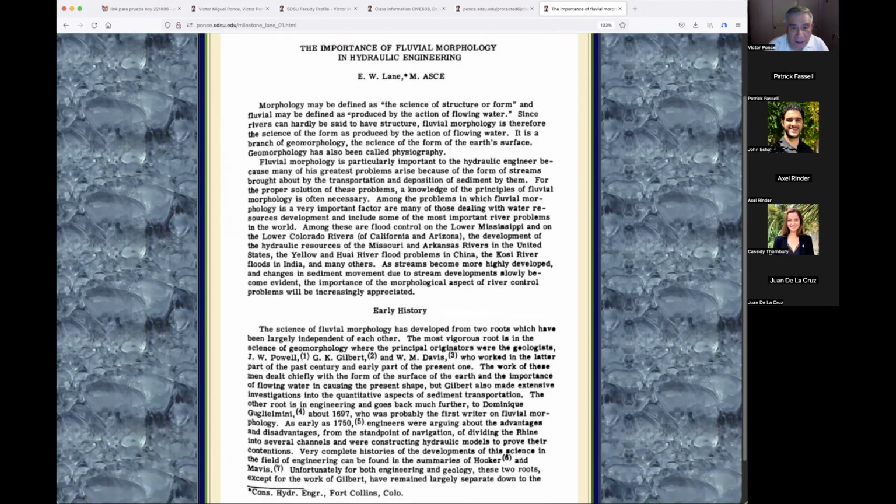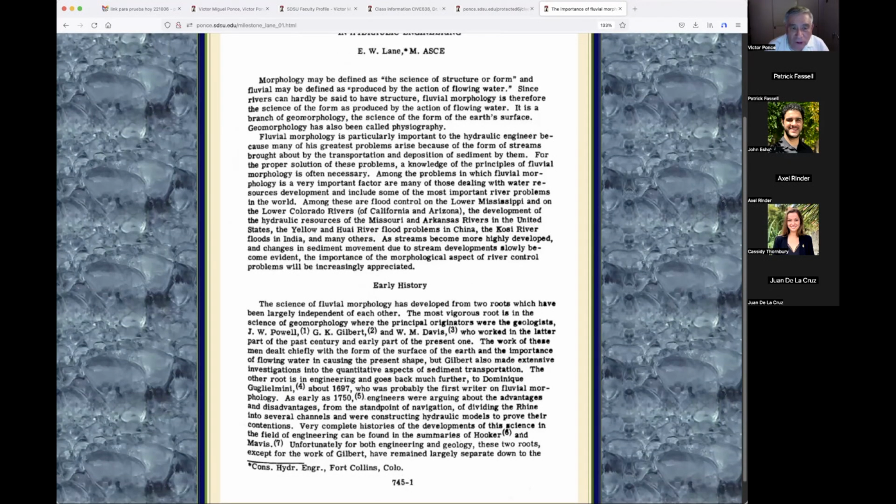At any rate, enough for Stan Schumm, but the issue is Emory W. Lane. Fluvial geomorphology or fluvial morphology is particularly important to the hydraulic engineer. What he's trying to do is bring into hydraulic engineering a lot of the concepts that had been developed by the fluvial geomorphologists, because many of his greatest problems arise because of the form of streams brought about by the transportation and deposition of sediment. There is an overlap between these two sciences, but like I already told you, the definitions are very clear.